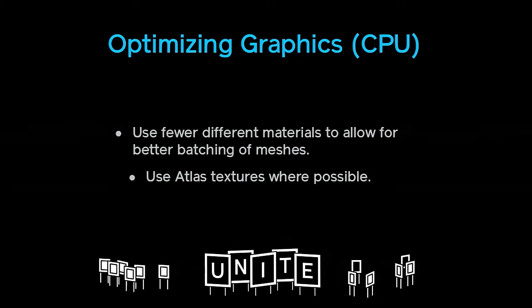But there are some considerations to follow to make batching efficient. You need to use as few different materials as possible, because only meshes of the same material can be batched and rendered together. So make sure you find a handful of shaders which have all the capabilities you need in your scene, and make sure you use as few different textures as possible, so you can get away with using few materials.